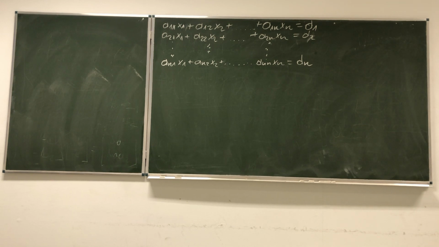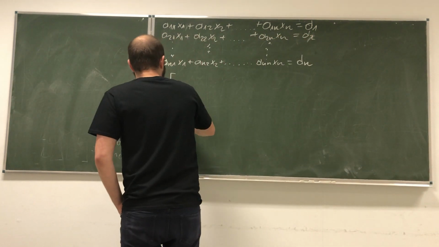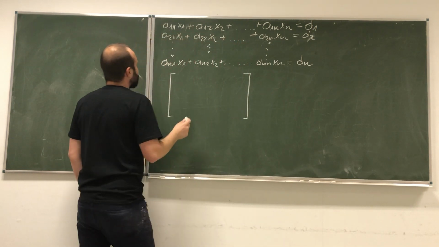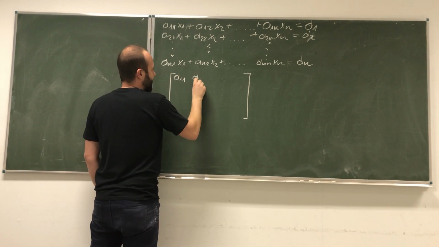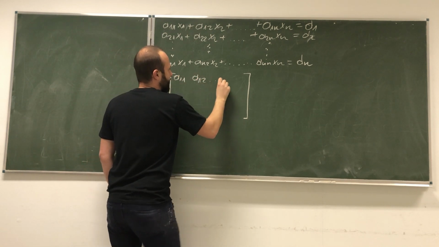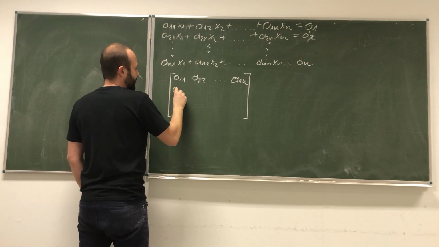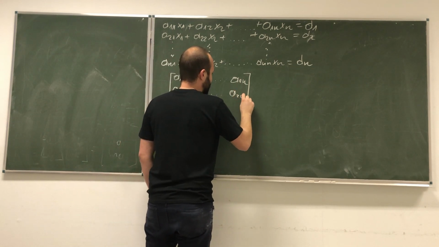And now, what can I do with this? How can I rewrite this into matrix form? Again, we will start with this big table over here, and I will start with a11, a12 until a1n. Here I will start with a21 and a22 until a2n.